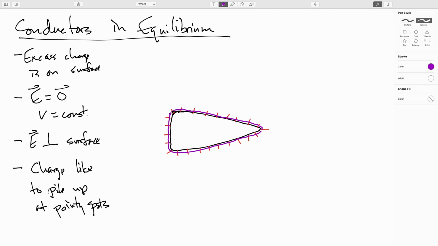Now ask yourself, though, if you get very far away from the conductor, and so far would mean substantially farther away than whatever the longest dimension of the conductor is, what would the conductor look like when you're that far away, and what would the equipotential surface look like out there?